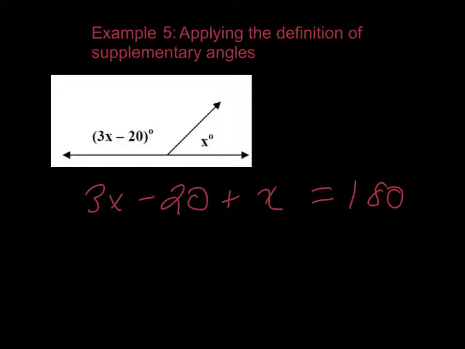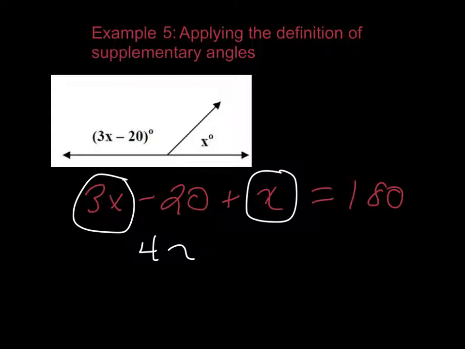All right, so let's go ahead and combine our like terms. So on the left, we could combine 3x and x. We're going to get 4x. There's not another constant term that we can really combine on the left right now. So we have 4x minus 20, and that's going to be equal to 180.